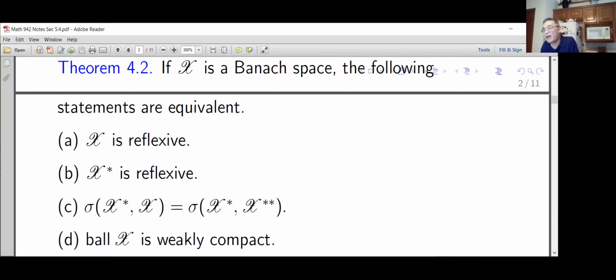B, X star is reflexive. C, sigma X star comma X equals sigma X star X double star. D, ball X is weakly compact.